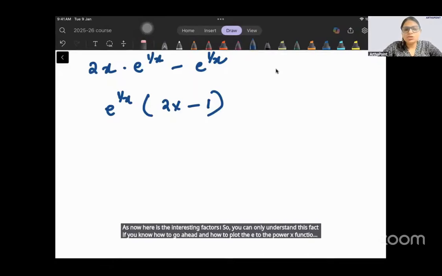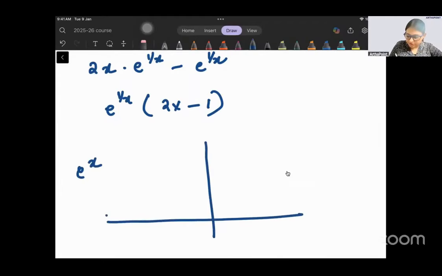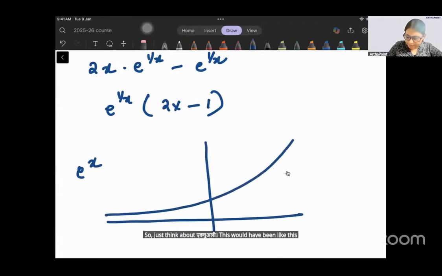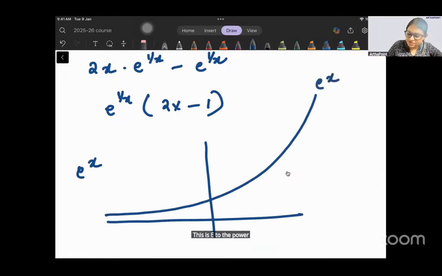So just think about exponential functions. If I were to plot e to the power x, this would have been like this. This is the e to the power x function.